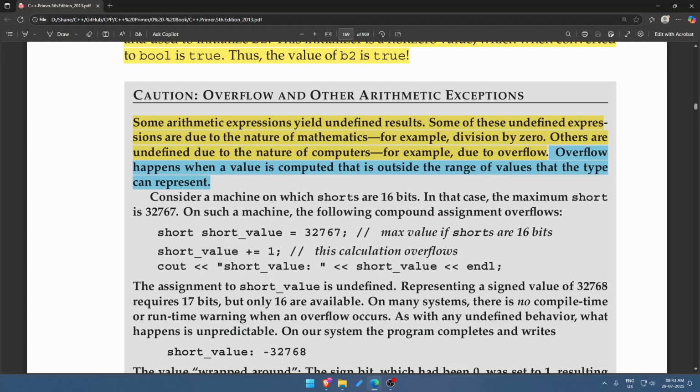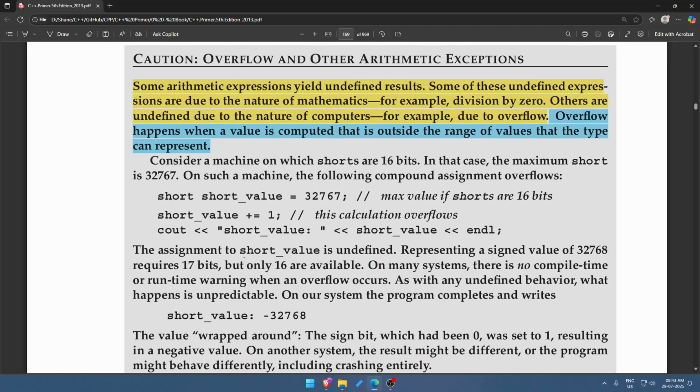Consider a machine which stores shorts in 16 bits. In that case, the maximum is 2 raised to 16, minus 1. On such a machine, the following compound expression overflows. The short value calculation overflows, and the assignment to short value is undefined, because representing the signed value requires 17 bits, but only 16 are available.